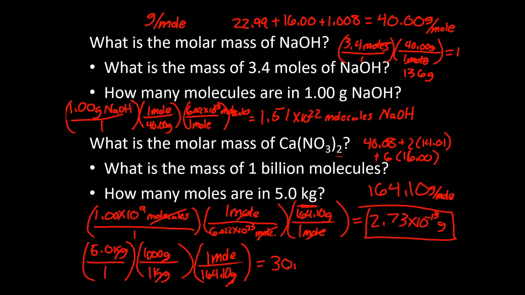Oh, bummer. So actually with proper sig figs, that would be 3.0 times 10 to the 1 moles. If you had 3 sig figs, it'd be 30.5. Ran out of space to write there, but it'd be 30.5 is what that would be if there were 3 sig figs.